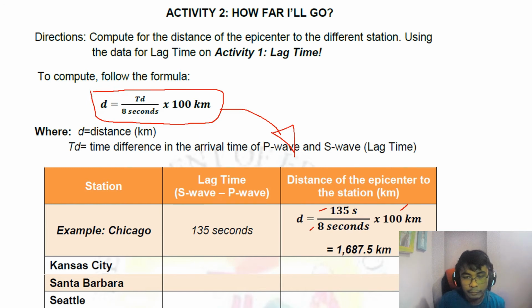Okay? So, we have now 1,687.5 kilometers. So, ano bang ibig sabihin nito? Ito yung distansya ng Chicago, yung first station natin, doon sa epicenter ng earthquake. Okay? Na na-detect ng seismograph. You will also do that in other seismic stations or recording stations. Just do the same process, but this time, of course, they'll be having a different lag time.